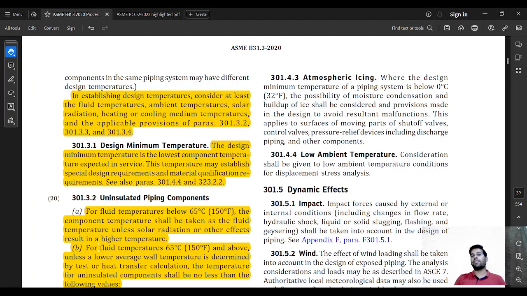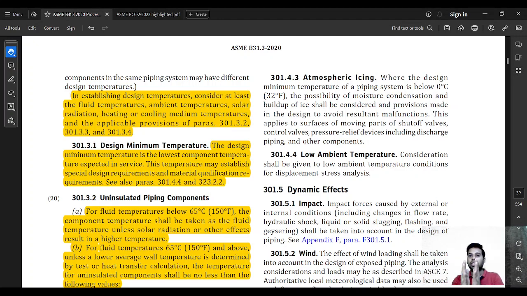Because in most cases, if you're talking about steel, steel is a BCC structure, a body centered cubic structure. Body centered cubic structures are generally going to be more brittle when the temperature is low, and as the temperature increases, their behavior changes from brittle to ductile. So at low temperatures, BCC structures, generally steels, behave more brittle, and at high temperatures they behave more ductile.